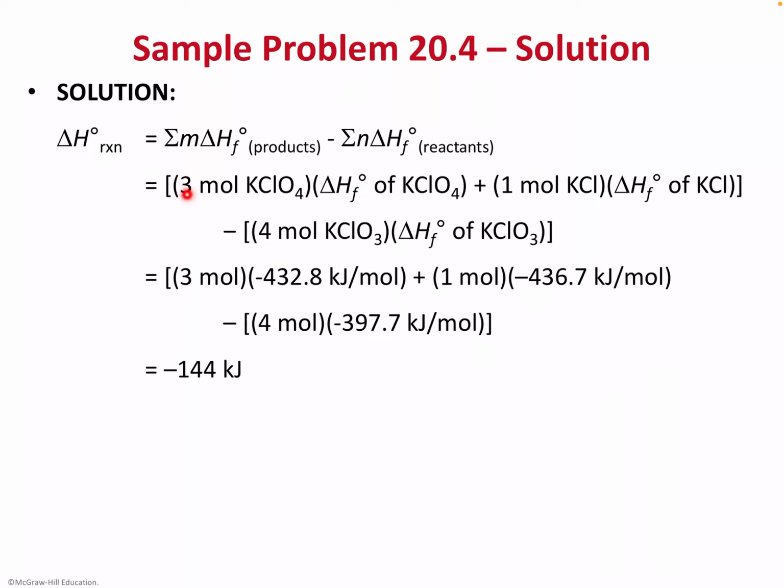For the products, 3 moles KClO4 times the delta H value for KClO4. And another product was 1 mole KCl times its enthalpy value. Subtract 4 moles potassium chlorate times the enthalpy value for potassium chlorate, and then you do this calculation.